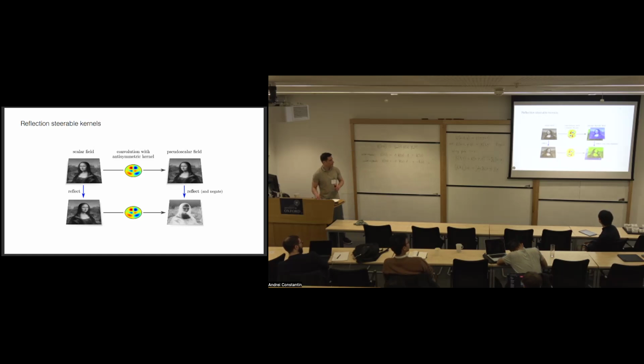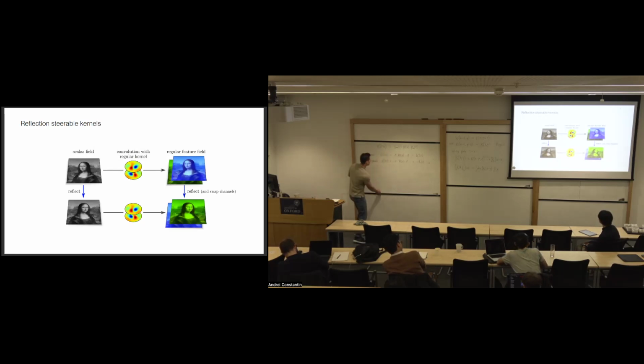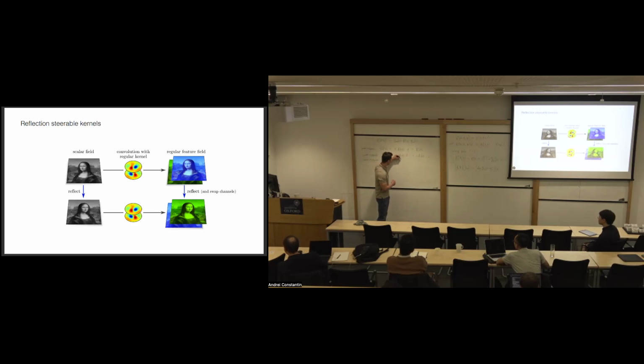Okay, and then as a third example, let's look at a map from a scalar field to a regular feature field. And the difference here is now that K is a map from, in that case, R2 to R channel out times channel in, which for the regular representation, we have two output channels, one input channel for a scalar field.